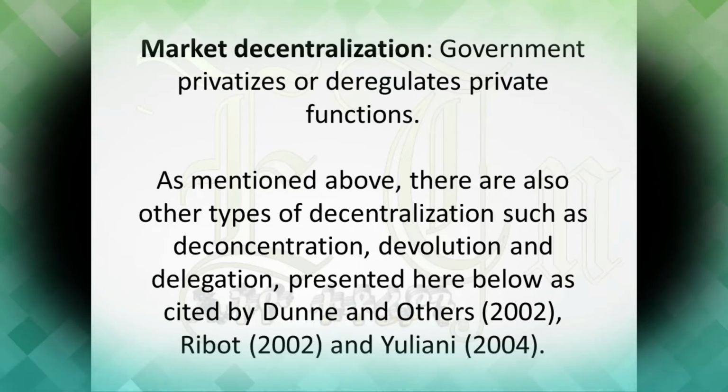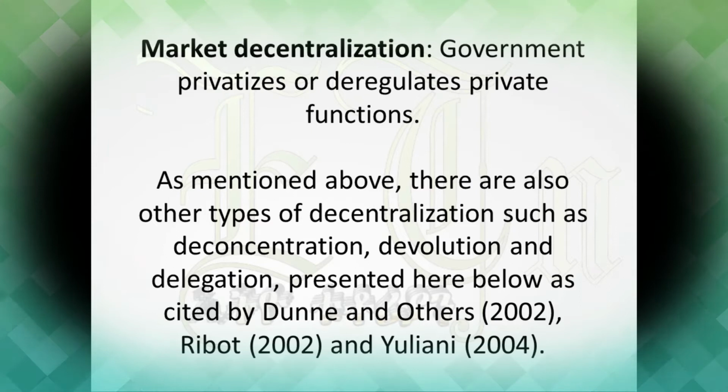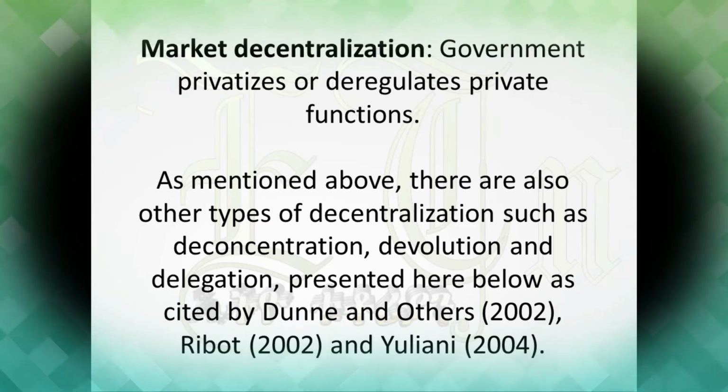As mentioned above, there are also other types of decentralization such as deconcentration, devolution and delegation, presented here below as cited by Dunn and others, 2002, Ribot, 2002, and Giuliani, 2004.